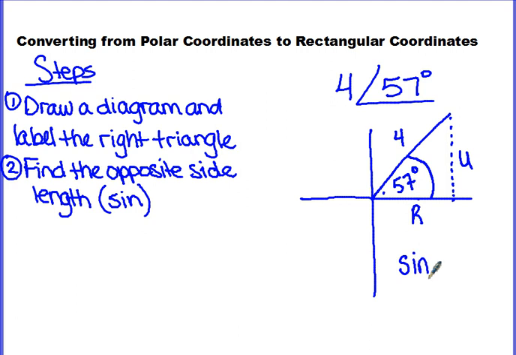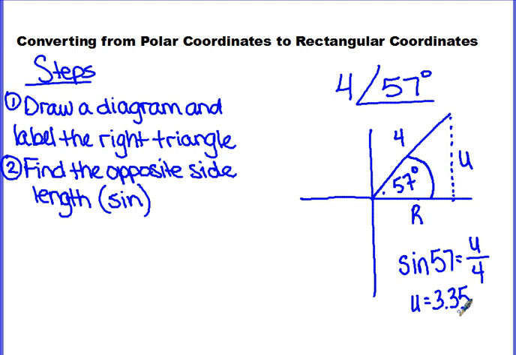So sine of 57, and sine is opposite over hypotenuse. So it's the opposite, which is u, over the hypotenuse, which is our vector, 4. In order to find u, we're going to multiply sine of 57 times 4. If we plug that into our calculator, u is going to be equal to 3.35. So we have found our opposite side.